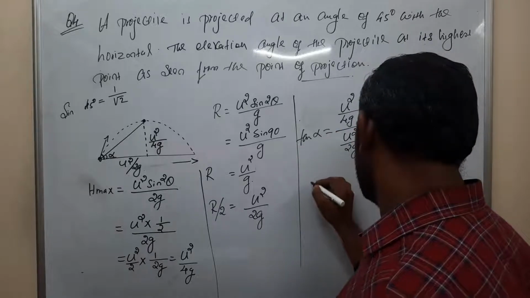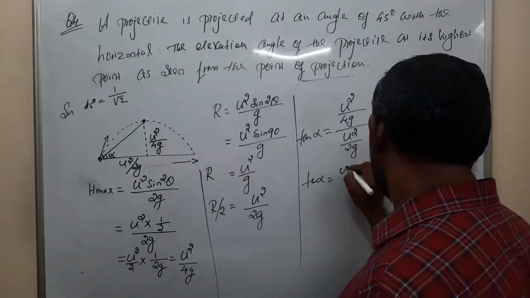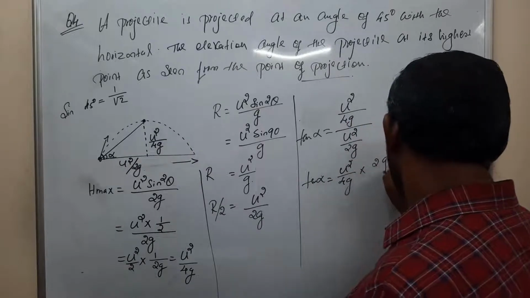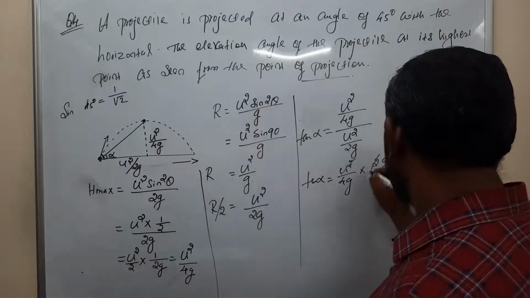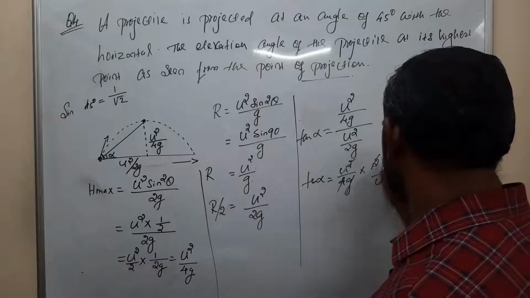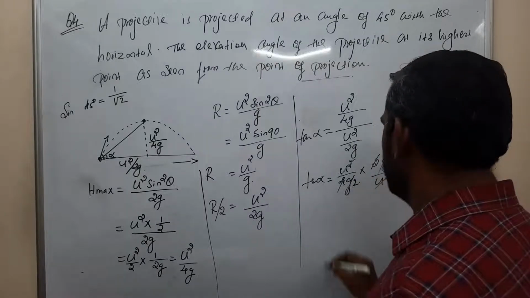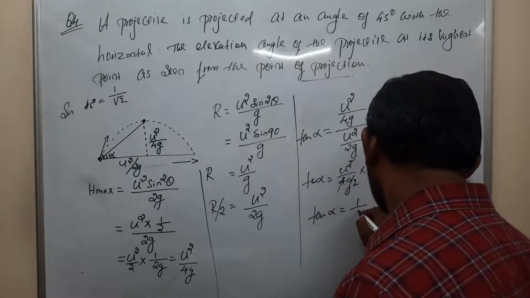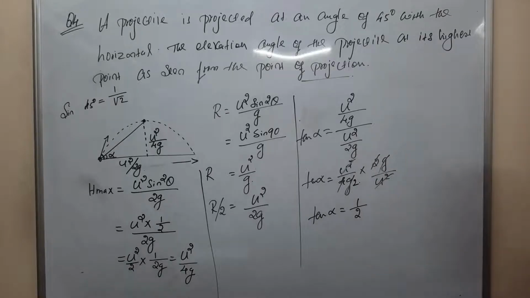So tan alpha is equal to U square by 4g into 2g by U square. So U square gets cancelled, 2 gets cancelled, g gets cancelled. So tan alpha is equal to 1 by 2.